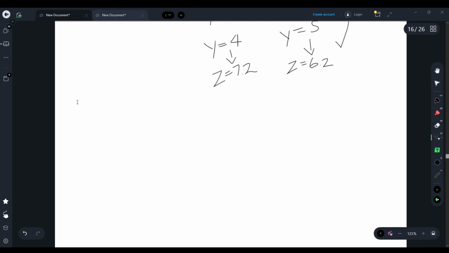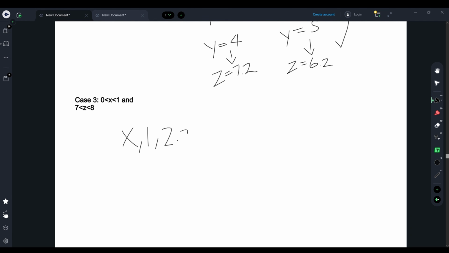And now we have our last case, case 3, which is 0 is less than x less than 1, and 7 is less than z is less than 8. So in this case, we just have to write it out. x comma 1 comma 2.2 comma 3.2 comma y comma 5.2 comma 6.2 comma 7 comma z.